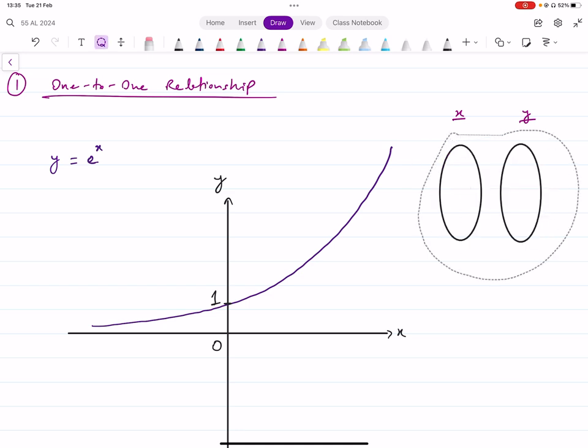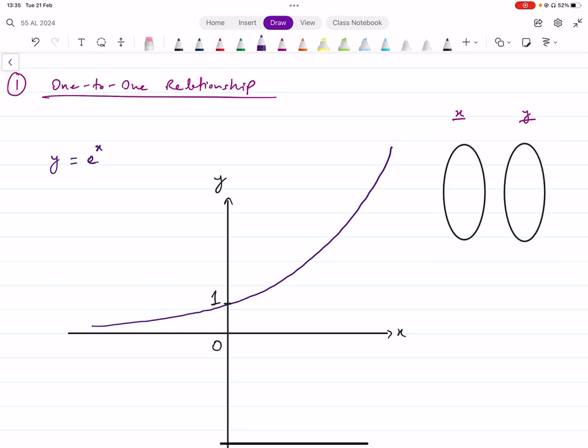Let's take different values of x and y in this. Let's say we input x equal to 0. What value do you get? You get 1 from that. If you input x equals 1, that gives you e raised to power 1. You can just write e there. If you input, let's say x equals 2, what do you get? You get e raised to power 2, and so on. You could try different values of x. They give you corresponding values for y.